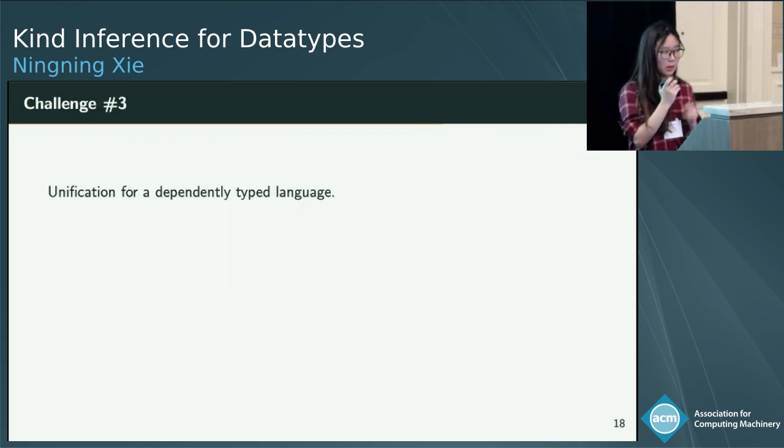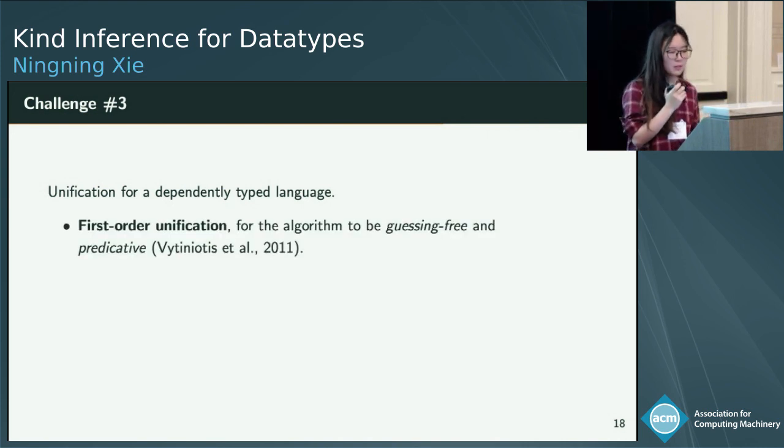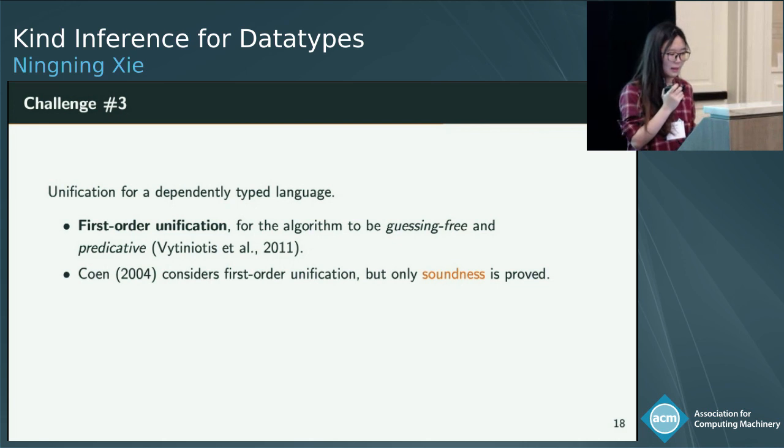Challenge number 3. Since our language has dependent types, we need to handle unification for dependent types. However, one big difference between our system and most other dependently typed systems is that we only have first-order unification because we want the algorithm to be guessing-free and predictive. There have been studies of first-order unification before, but only soundness is proved.